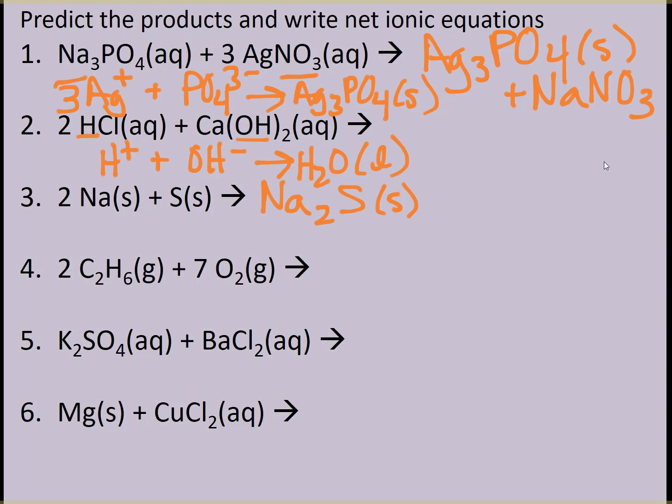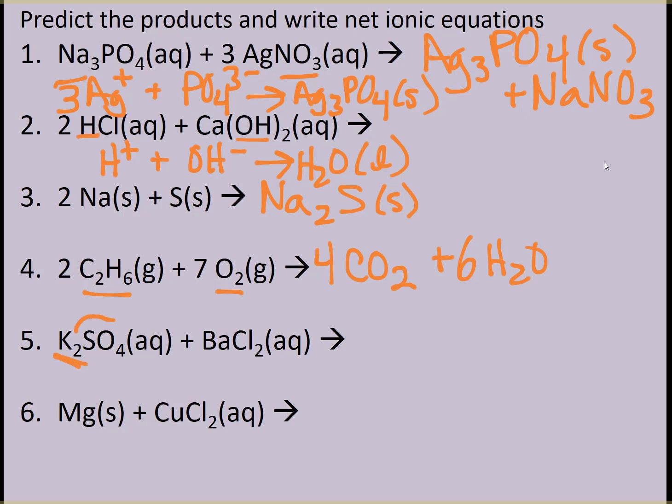Let's do this next one. So this must be a combustion because I have my hydrocarbon and my oxygen. So CO2 plus water, and we can balance it. 4 and 6. Number 5 looks like a precipitation reaction. And if I had to guess, well, I know that this won't precipitate.